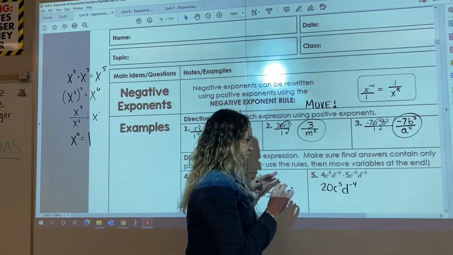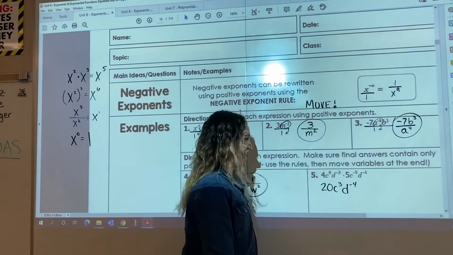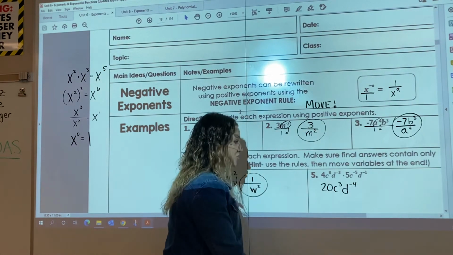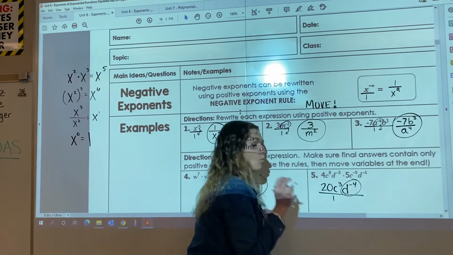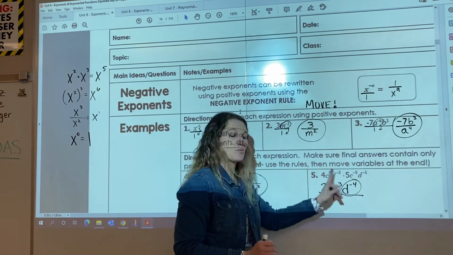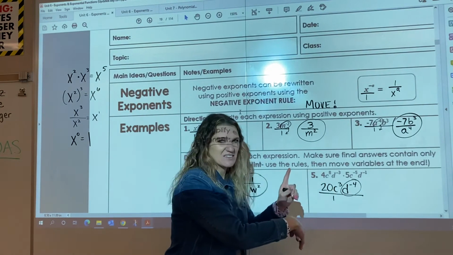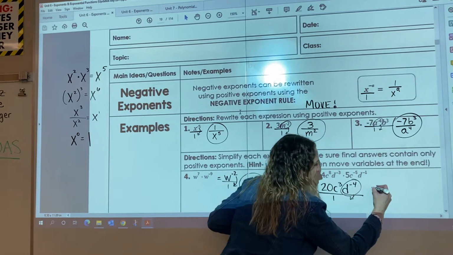All right, well, I've simplified as much as I could across, but now I have this negative exponent. I can't have that. That's not right. So I need to make a fraction and move that one piece. Remember, you're only moving the base with the exponent that's negative, not everything else that's attached to it. So I'm going to bring this guy down, and I'm going to rewrite it right over here.